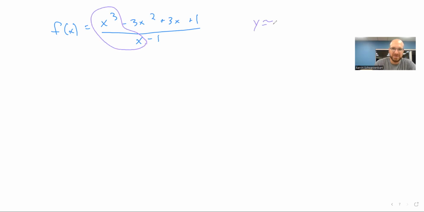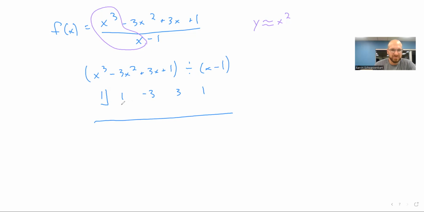So it's going to be approximately x squared. If I want to know what it actually is, I use synthetic division. So I'm doing x cubed minus 3x squared plus 3x plus 1, and I'm dividing that by x minus 1. Lucky I can use synthetic. I suppose I could use long if I couldn't.